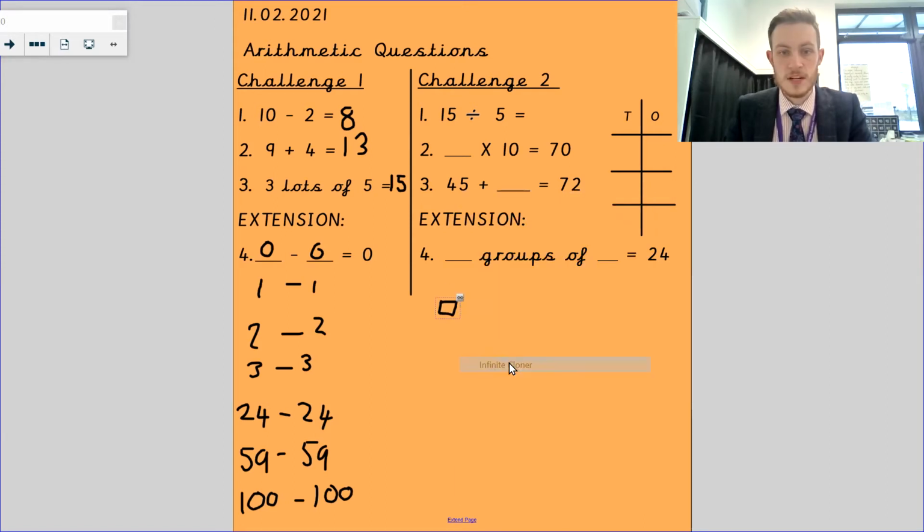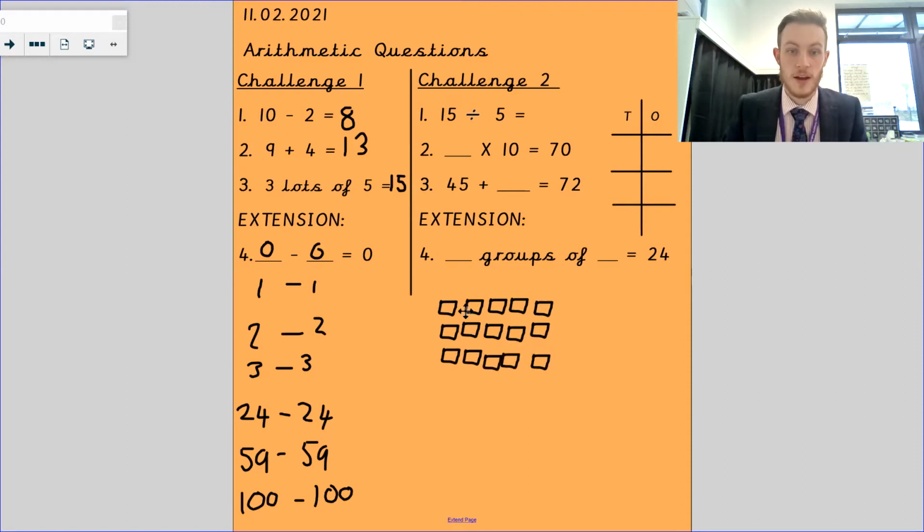So let's make 15 of them, shall we? 1, 2, 3, 4, 5, 6, 7, 8, 9, 10, 11, 12, 13, 14, 15. Right, I've got 15 blocks now.